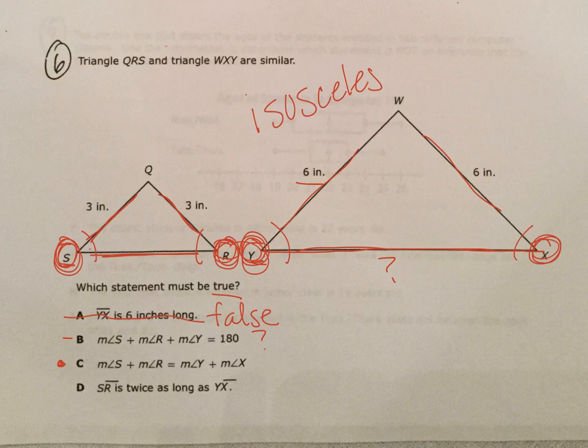And D, line segment SR, which is here, is twice as long as line segment YX. Okay, I know that's false because it's actually half, not twice. All right, so between B and C of the two, I'm much more confident that C is the correct answer.